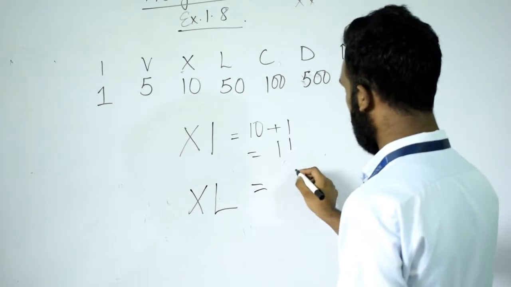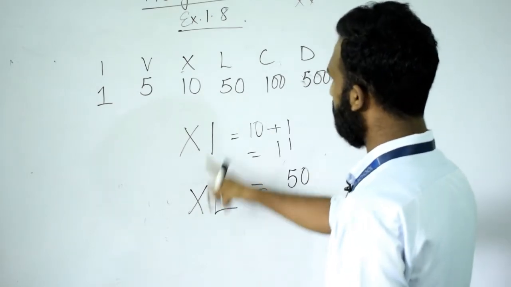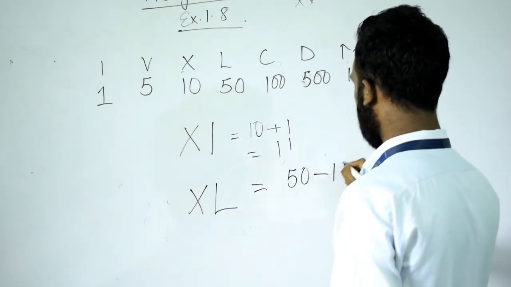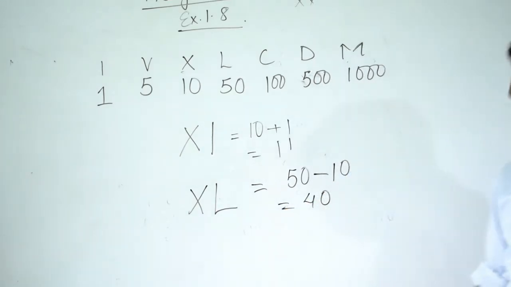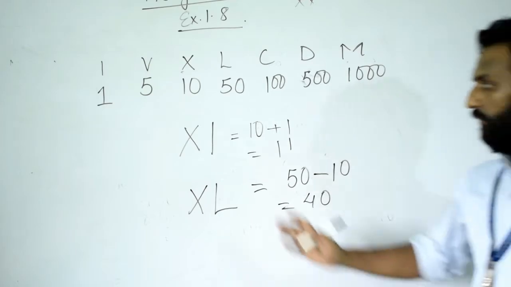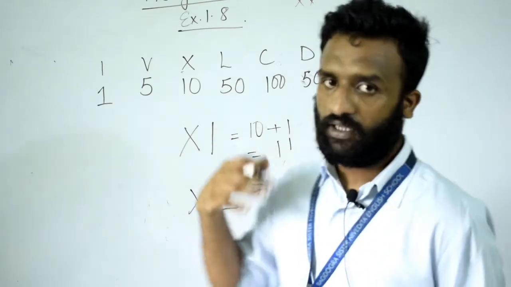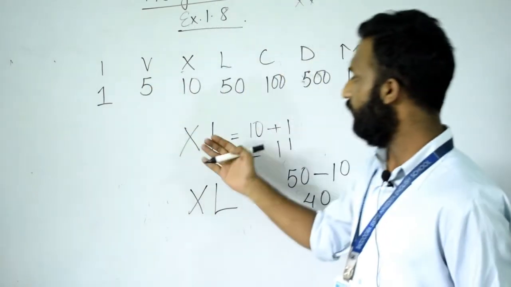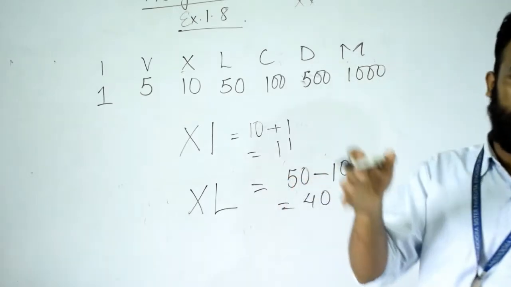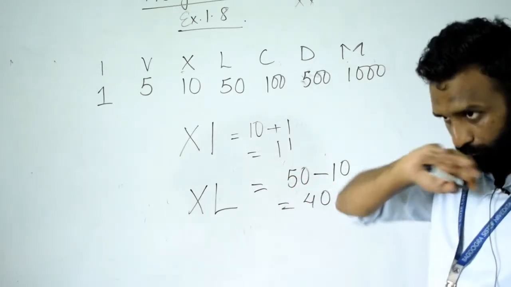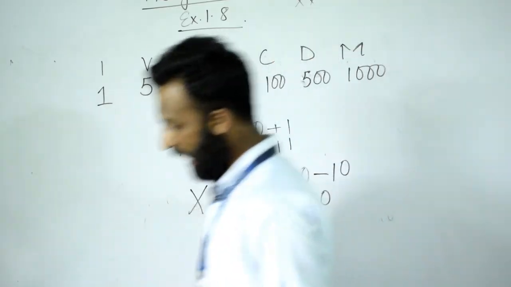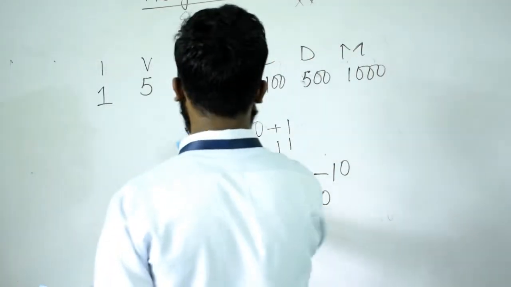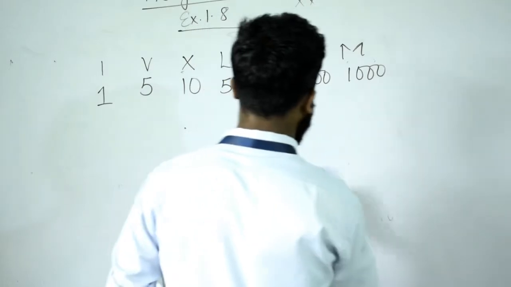L means 50, X means 10, 50 minus 10, that is equal to 40. So whenever a symbol is after the greater one, it is addition, and whenever a symbol is before the greater one, it is subtraction.